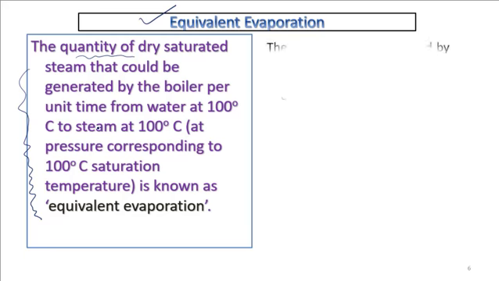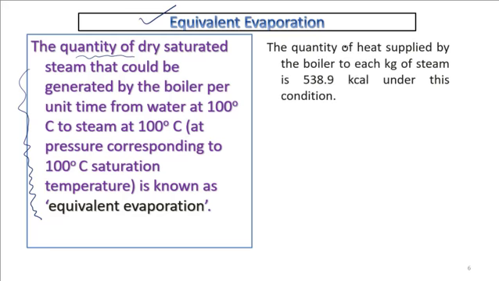For that, the quantity of heat supplied by the boiler to each kg of steam is equal to 539.9 kilocalorie for 1 kg of steam. And from the steam table also you can check that at atmospheric pressure the boiling point is 100 degrees.